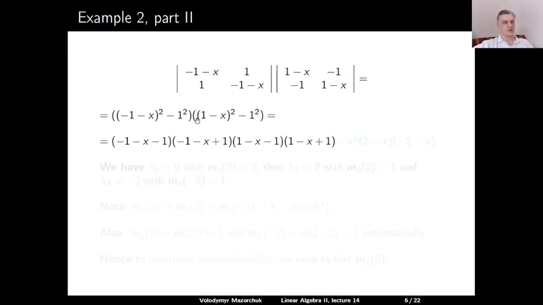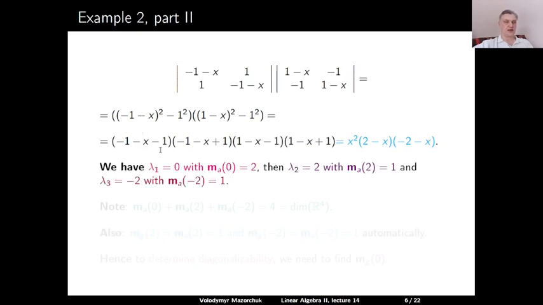So we have two differences of two squares. So the first factor is minus 1 minus x minus 1 times minus 1 minus x plus 1. And the second factor is 1 minus x minus 1 times 1 minus x plus 1. So if we put all this together, we get x squared from here, and then 2 minus x from here, and minus 2 minus x from here.